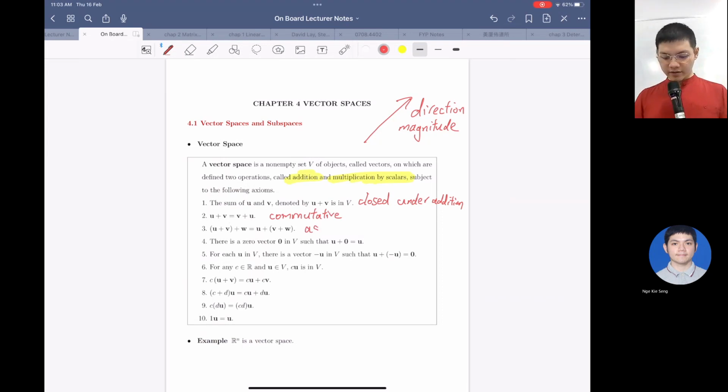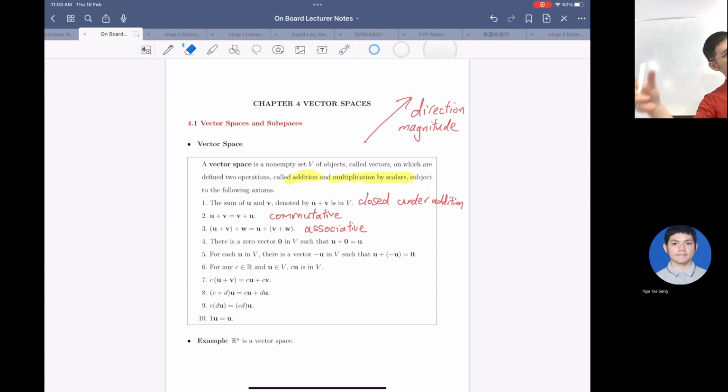And associative: if I want to add three elements together, it's equal to adding the last two first; the order doesn't matter.